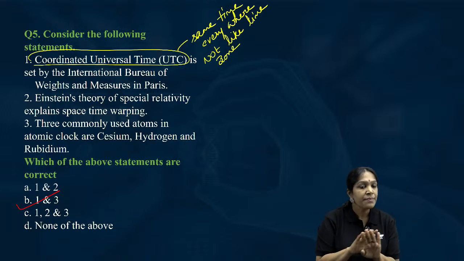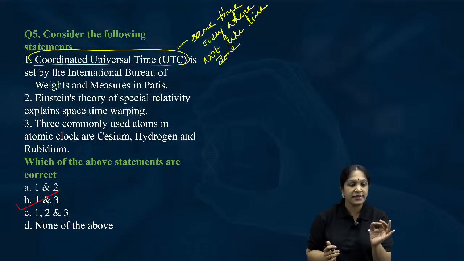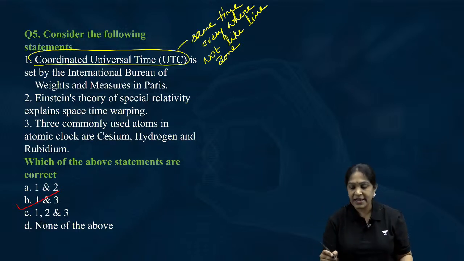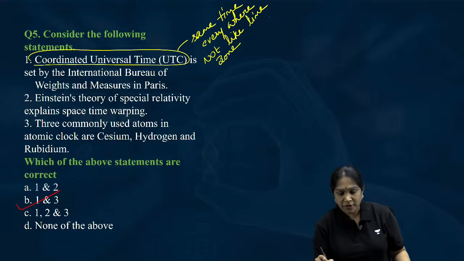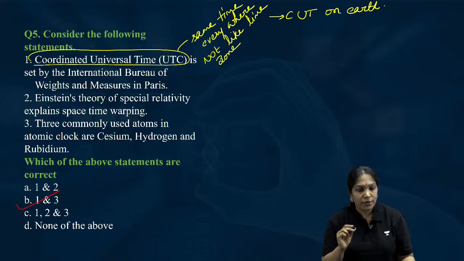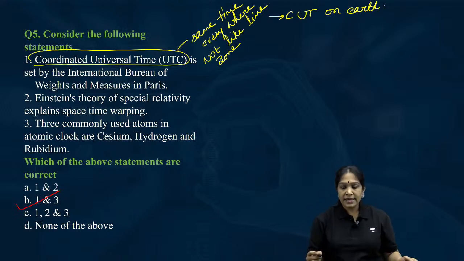This is the same time everywhere. That is called coordinated universal time. I hope the first point is clear. Next, do we have a coordinated universal time on the earth? Yes.